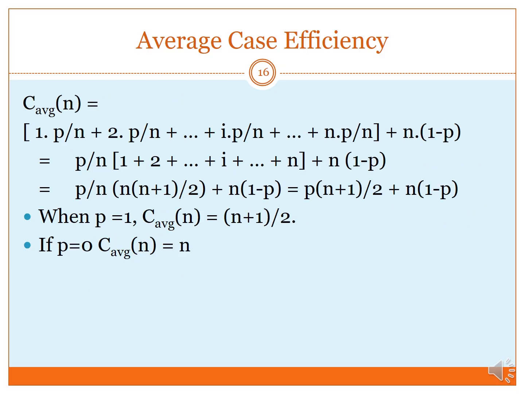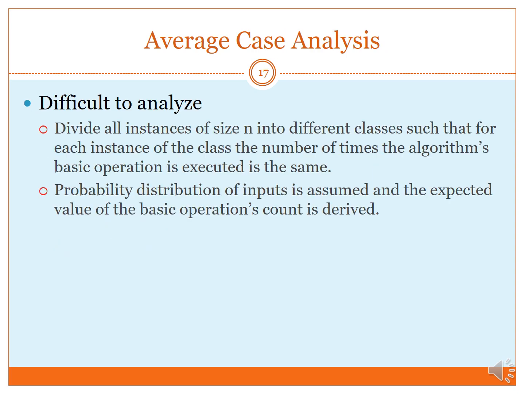The average case complexity of sequential search is given by this formula. When the search is always successful, meaning p equals 1, the average number of comparisons becomes n plus 1 divided by 2. When the search is always unsuccessful, meaning p equals 0, the algorithm compares all n elements. This formula helps estimate the expected running time.